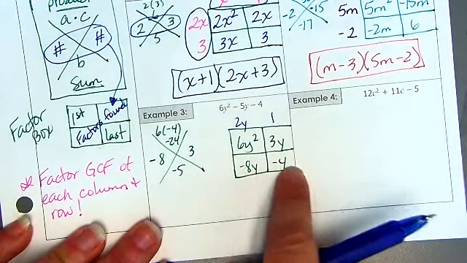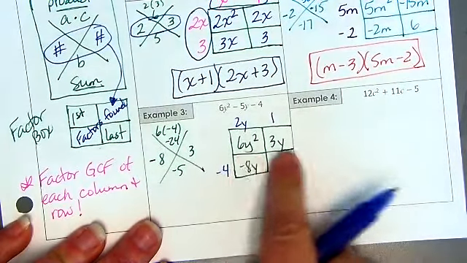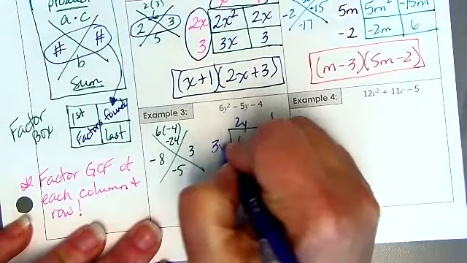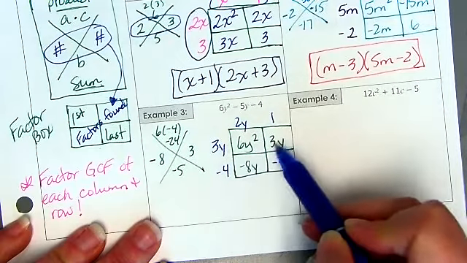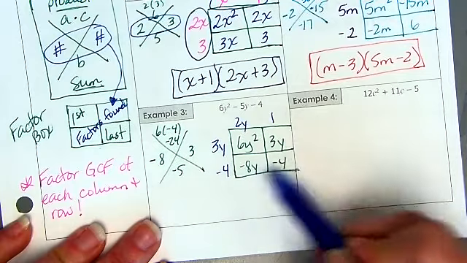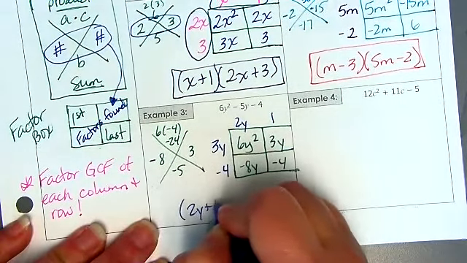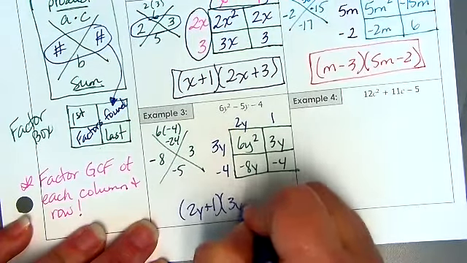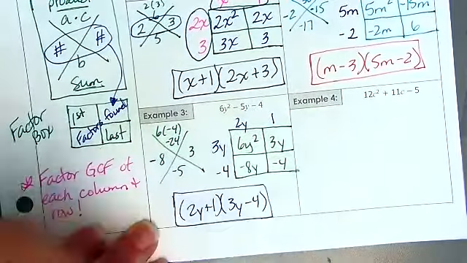So since these are both negative, I know that I'm going to pull out a -4 there. That's a no-brainer. And this is going to be 3y, and I multiply back: 2y times 3y is 6y squared, 1 times 3y is 3y, 2y times -4 is -8y, 1 times -4 is -4, yep, that works. So therefore my answer is 2y plus 1 times 3y minus 4. And there's my final answer.